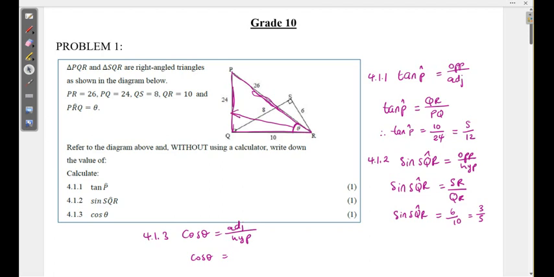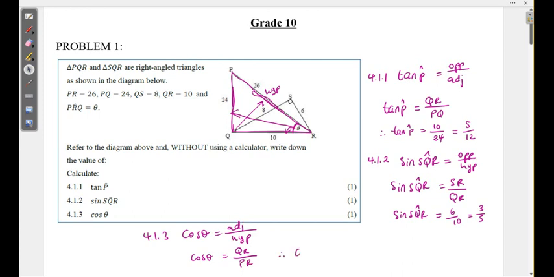No, it's opposite, right? What about this side? This will be the adjacent. Once you know the opposite, then the other side will be the adjacent, because we know that the longest one, the one opposite the right angle, is always the hypotenuse. Okay, so it means the adjacent is QR, and then the hypotenuse would be PR.